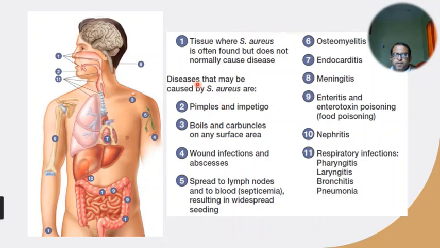These are the locations, and the diseases that may be caused by Staphylococcus aureus are pimples and impetigo on the skin, wound infections and abscesses, spread to the lymph nodes and to the blood causing septicemias with widespread shedding, osteomyelitis, meaning infections of the bones, endocarditis in the cells of the heart, meningitis, enteritis, enterotoxin poisoning or food poisoning, nephritis, and respiratory infections: pharyngitis, laryngitis, bronchitis, pneumonia.